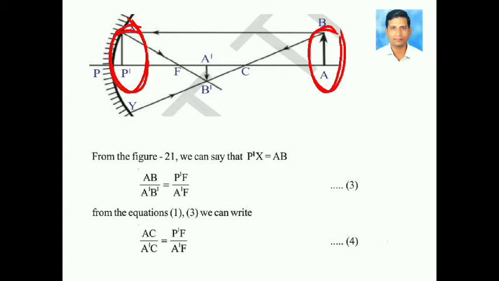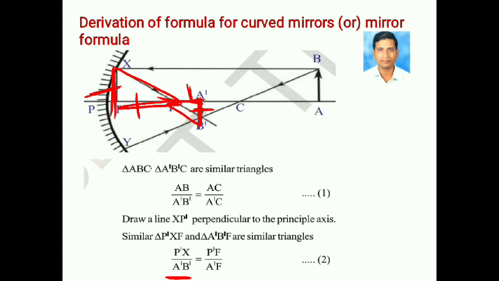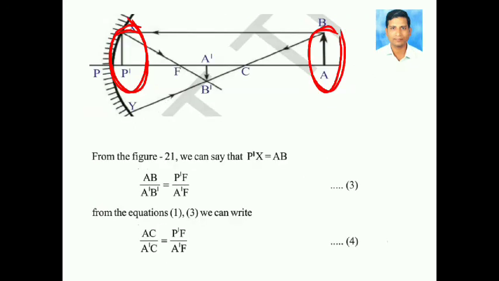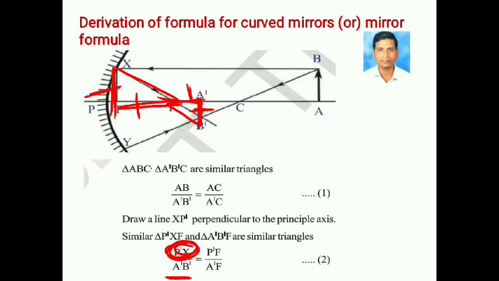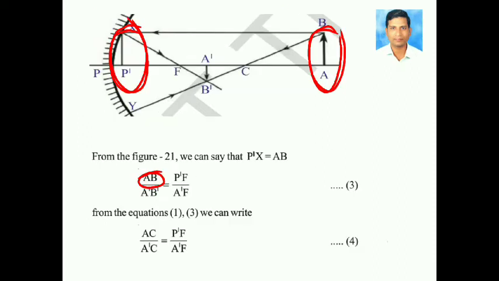So in equation 2, instead of XP dash, we have to write AB. Therefore AB by A dash B dash is equal to P dash F by A dash F. This is equation number 3.